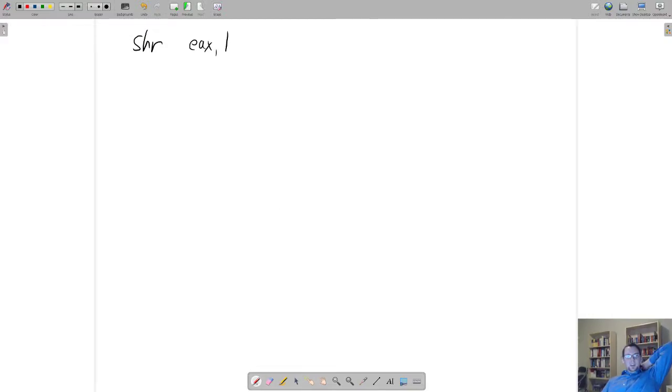Turns out that shifting right EAX by 1, or just a register by 1, is a different opcode from the general case.